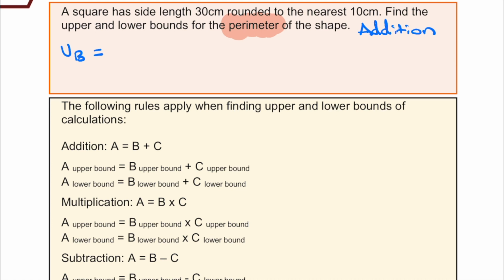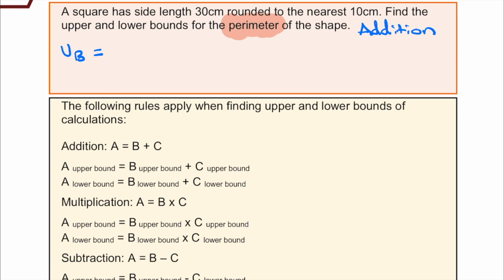So then we just think, right, what is the upper bound of the measurement that's given to us? It says that the side lengths are 30 centimeters, but they've been rounded to the nearest 10. So the biggest possible number that it could have been, it wouldn't be 31, that would round to 30, but we can go bigger. What about 32, 33, 34? It's actually going to be 35. Now 35 rounded to the nearest 10 would actually round to 40, but remember the way that our error interval was set up before.